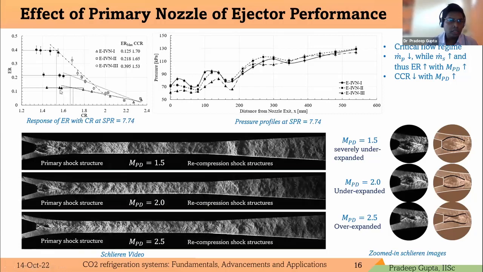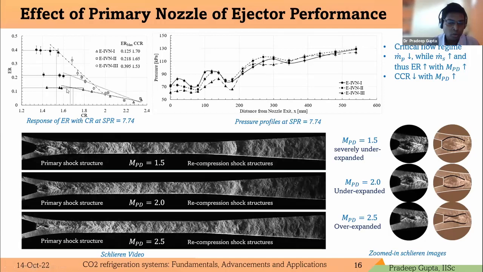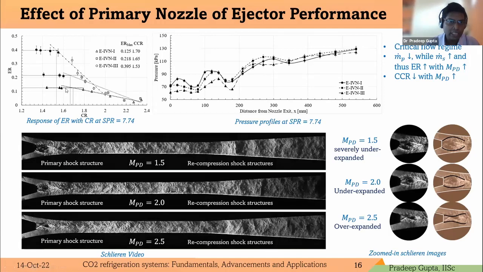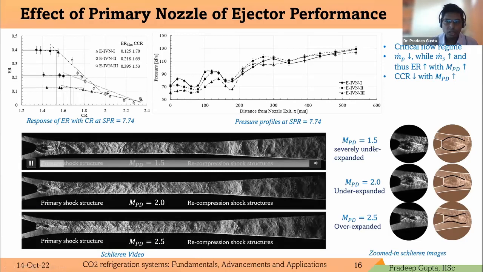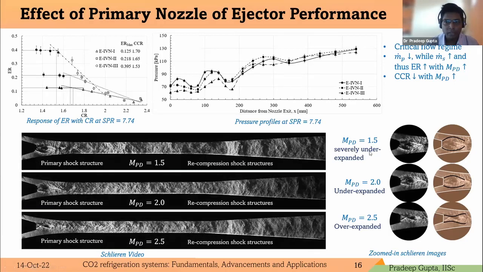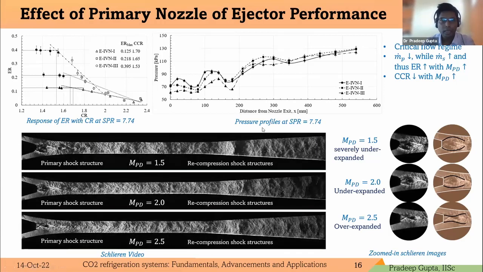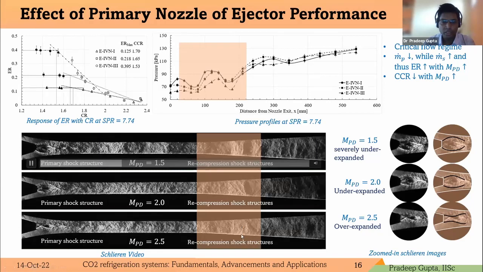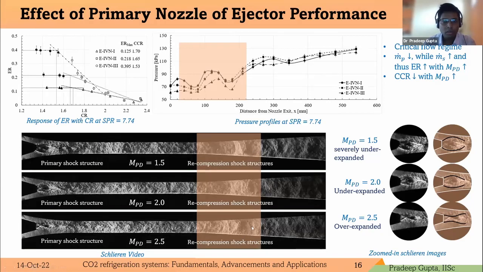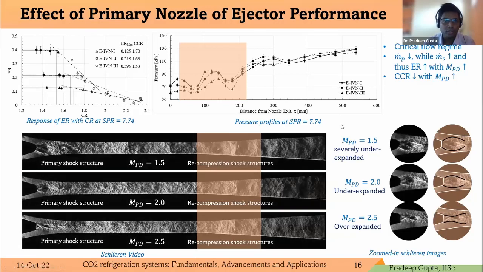That is why the ejector with nozzle Mach number 1.5 has the least entrainment ratio. As we increase the Mach number, the nozzle operation shifts from underexpanded to overexpanded for Mach number 2.5. The dip in the pressure profile and the recompression shock in these Schlieren images indicate that these ejectors operate in the critical mode.